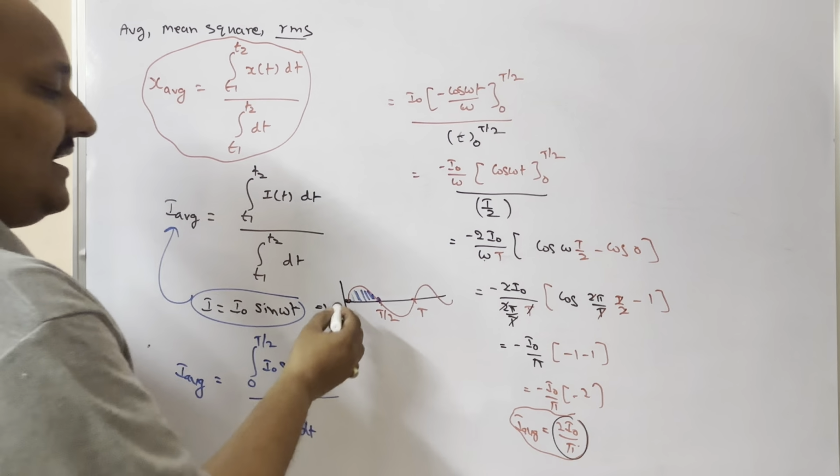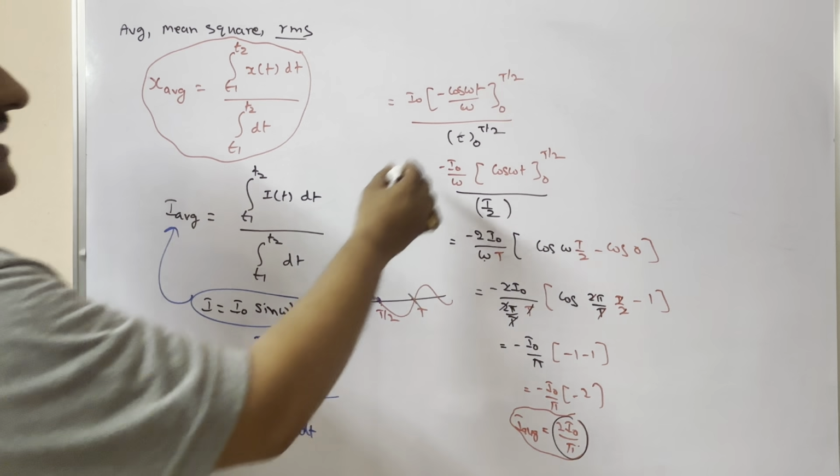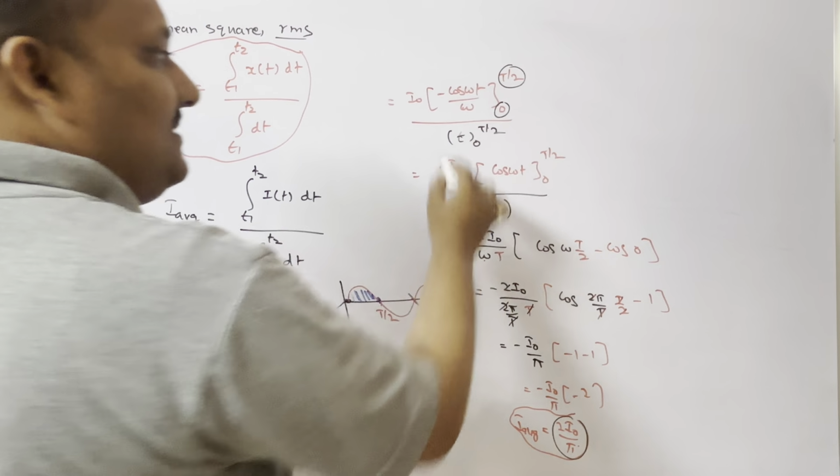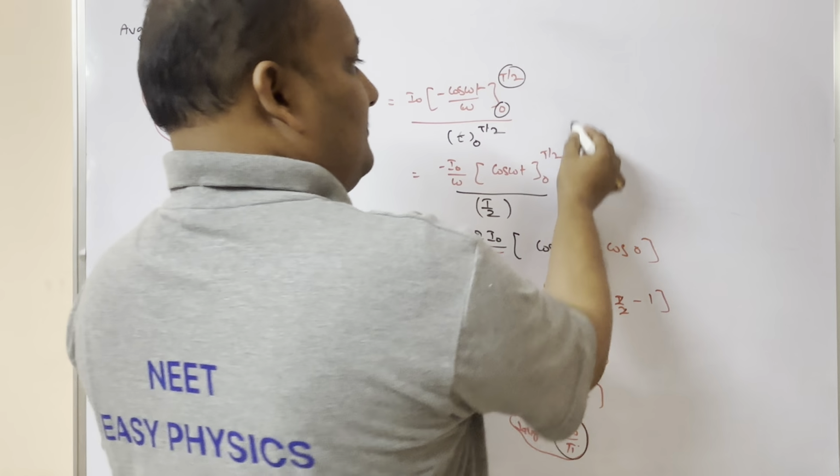If you want to calculate between 0 to T, what do you have to do? The same thing will come here, and we apply the limits 0 to T. Up to here it is going to be the same.